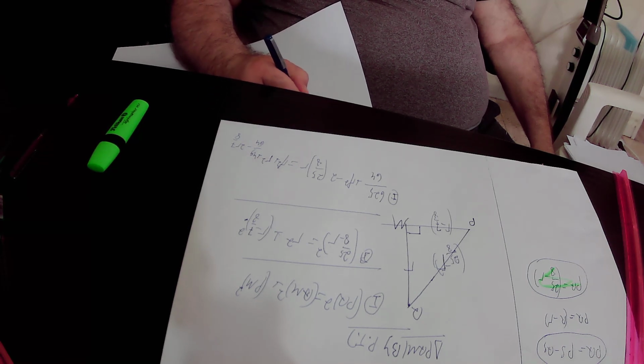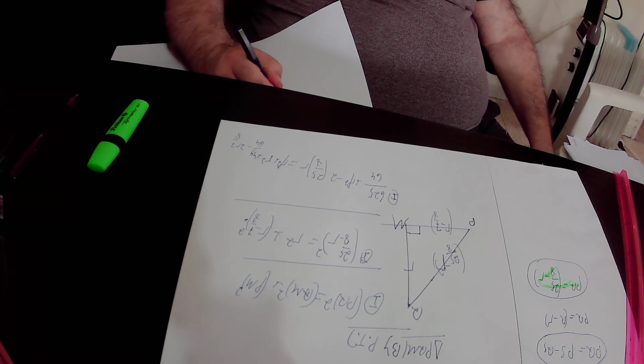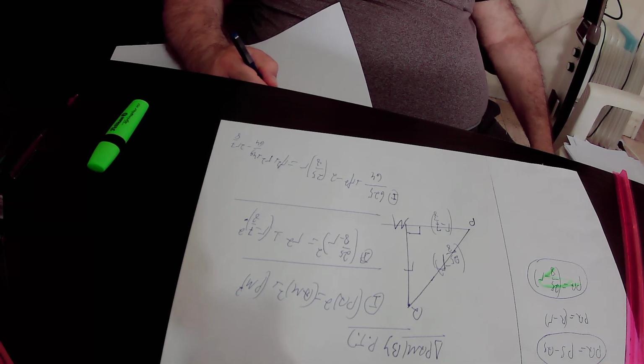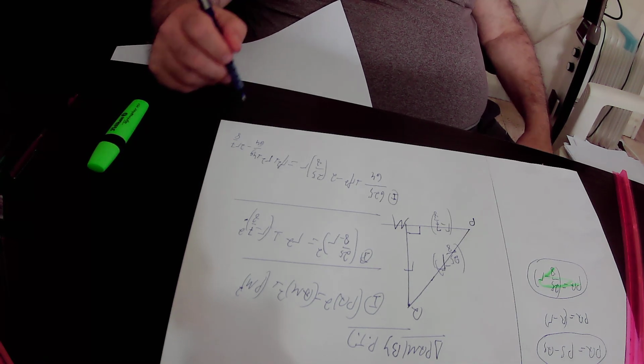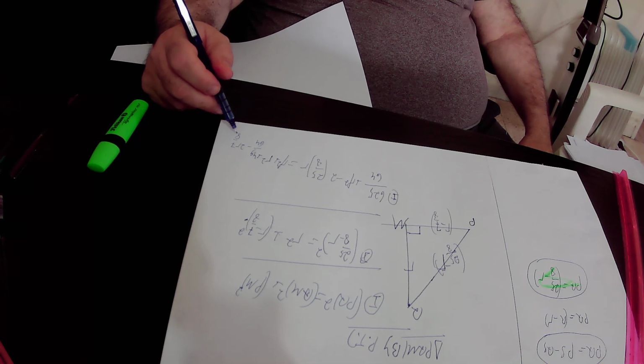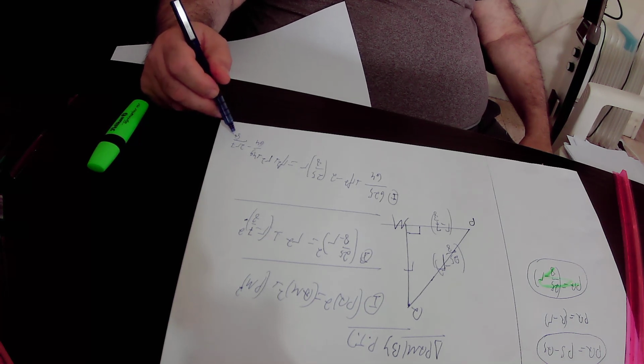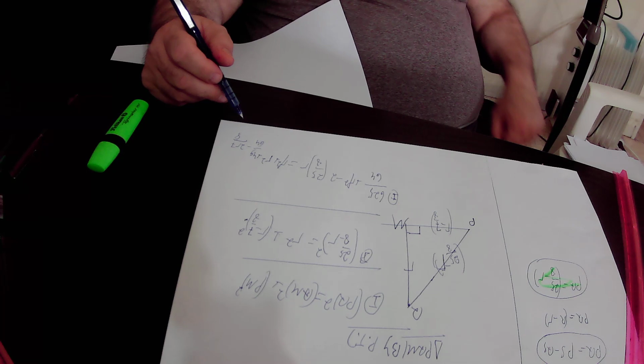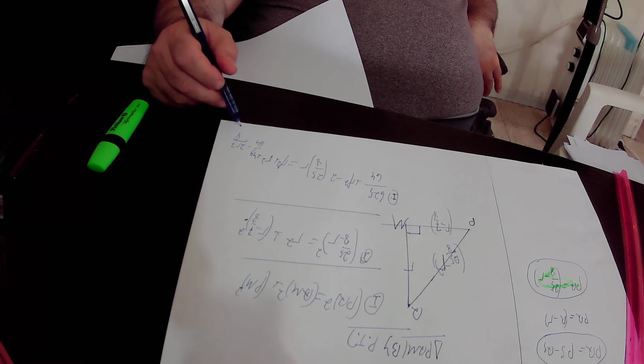And it is equal to r squared plus 49 over 64 and here we have minus 2r times 7 over 8. We will divide both the numerator and the denominator of this expression by 2.